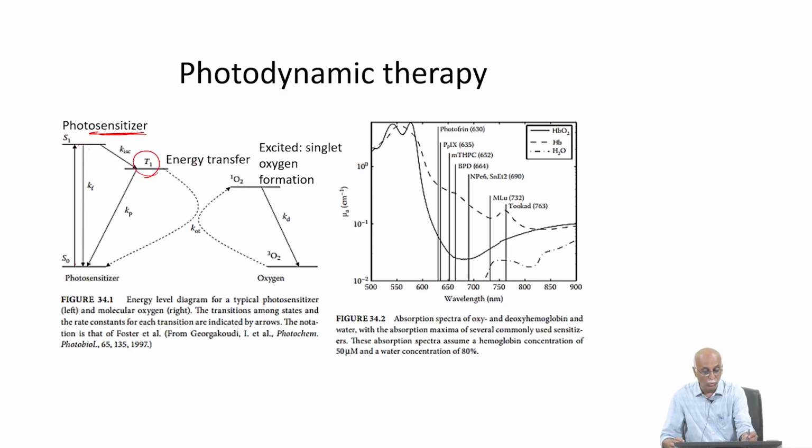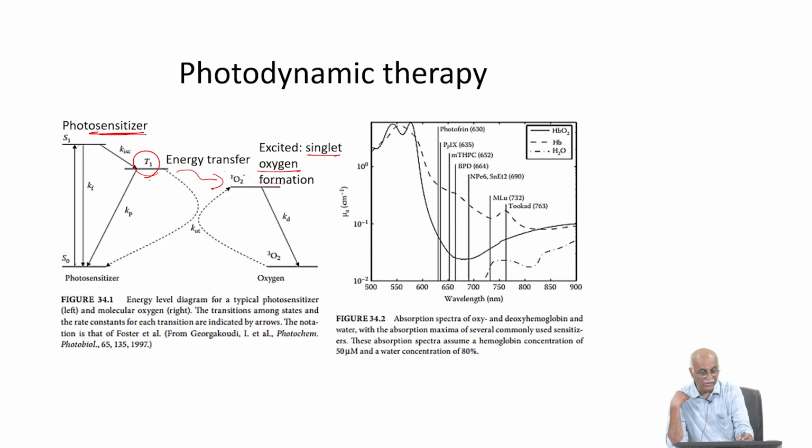Through energy transfer within these organic chemicals, a triplet state is produced in the molecule. The excited molecules transfer the energy to another molecule within this chemical structure, and it produces singlet oxygen formation.